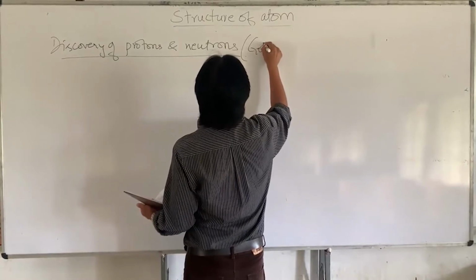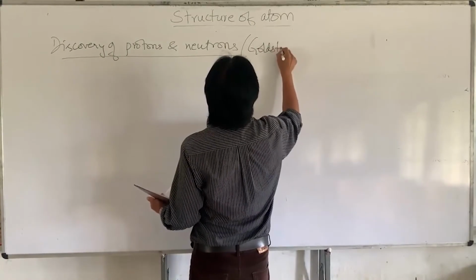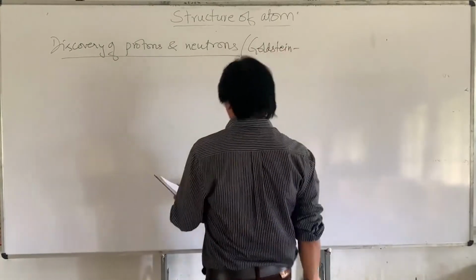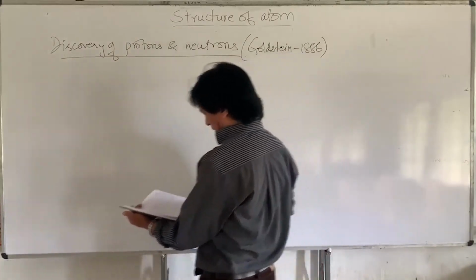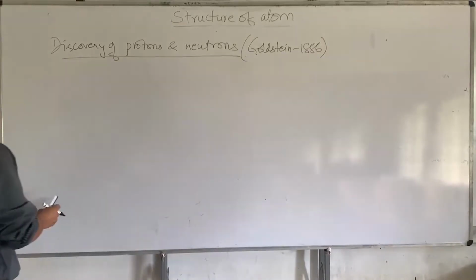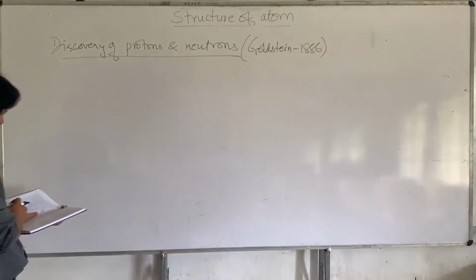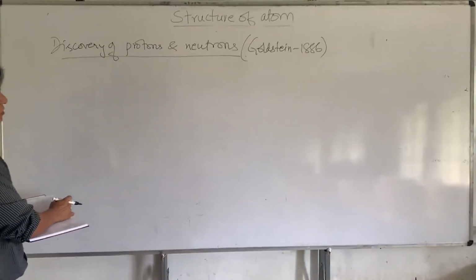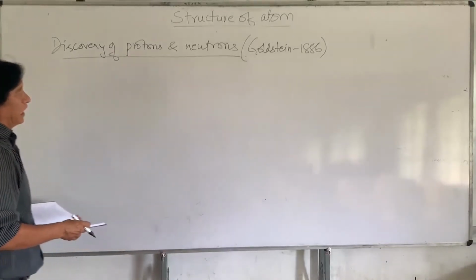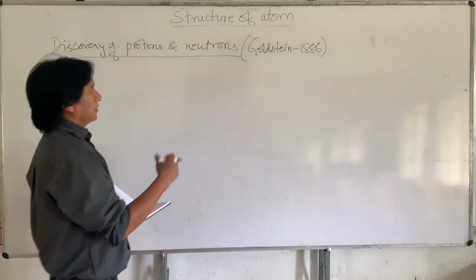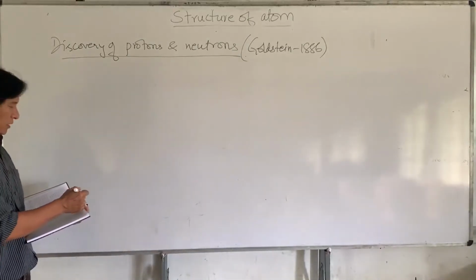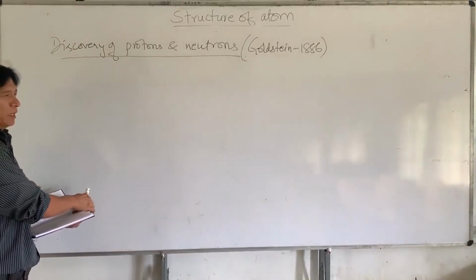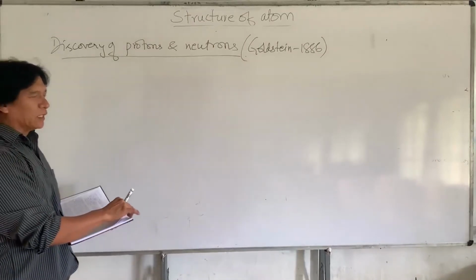It was actually discovered by a scientist by the name Goldstein, sometime back in 1886. This electrical discharge carried out in a modified cathode ray tube led to the discovery of protons. The interesting thing here is with regard to the cathode.